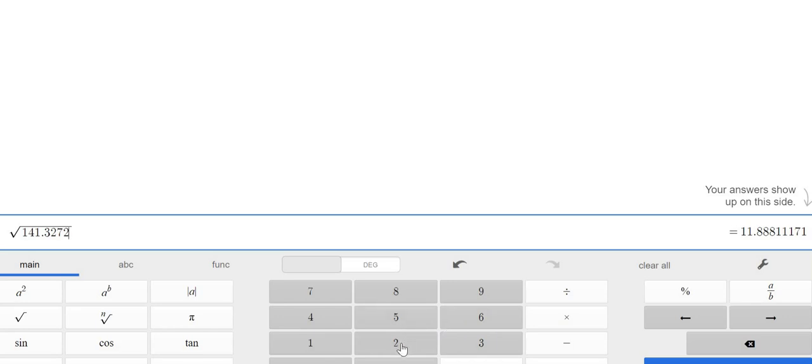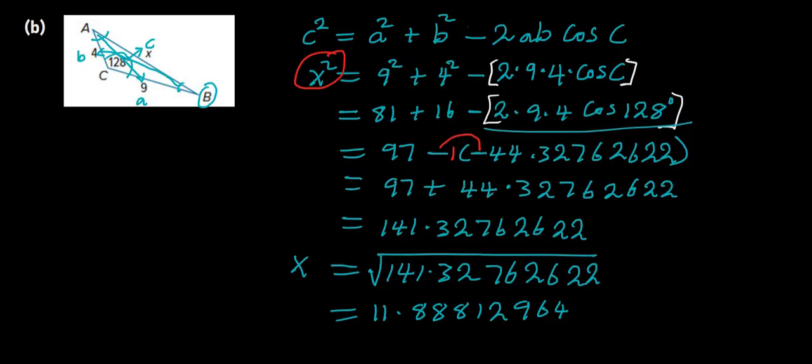That gives us 11.88812964. If we approximate this to the nearest tenth, then this will become 11.9. And that is the final answer to this question.